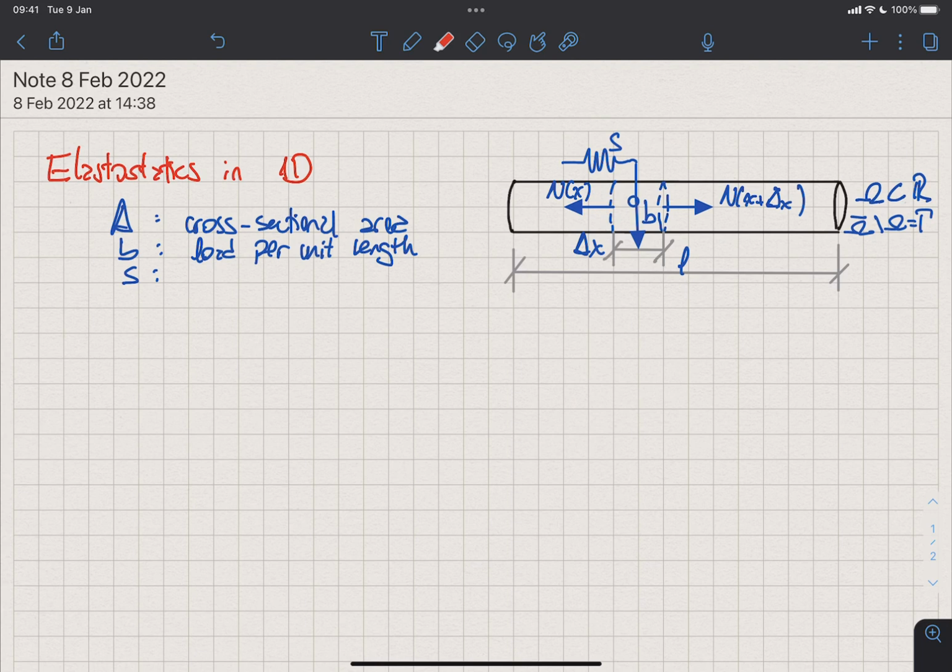Okay? And although this is not very useful now, there are problems for which this is actually useful. Like, for instance, if you have some foundation, and the foundation is constrained laterally, and therefore you have some force that goes opposite to the movement. So we're going to call that S, our distributed spring.